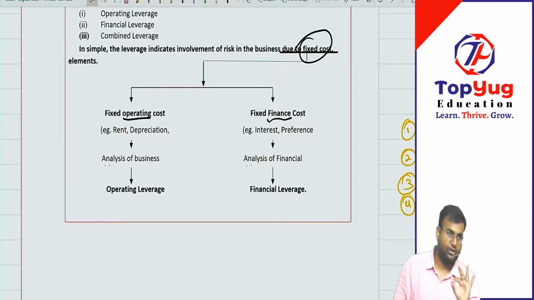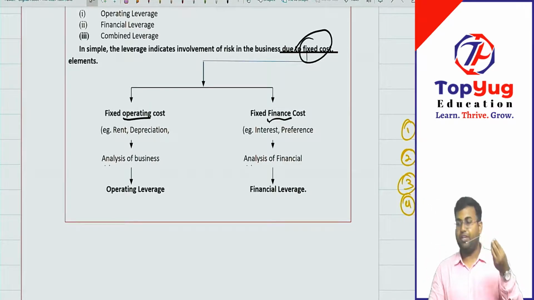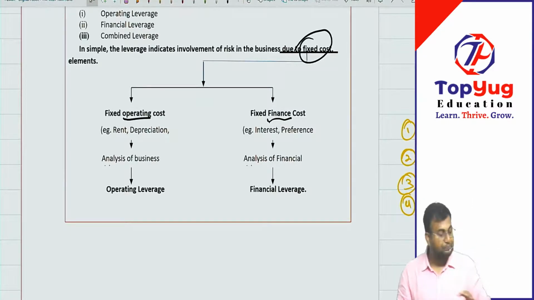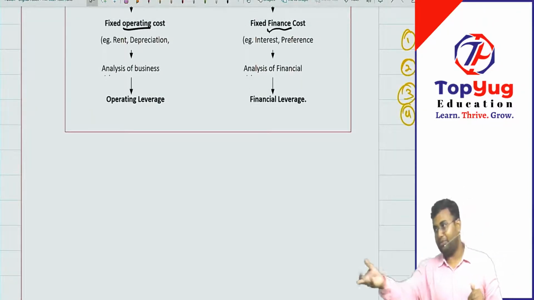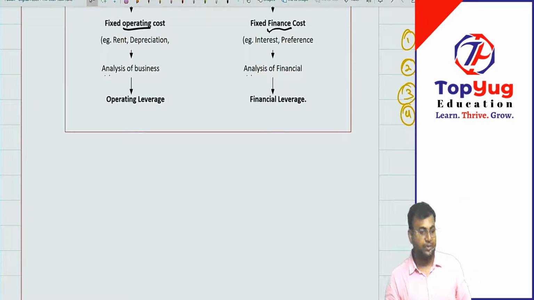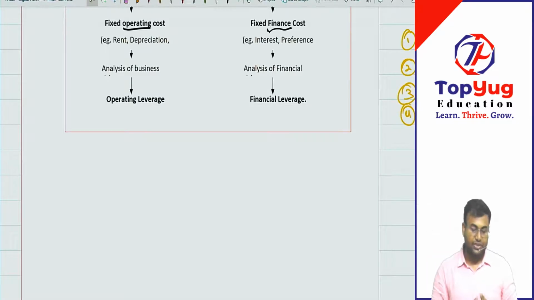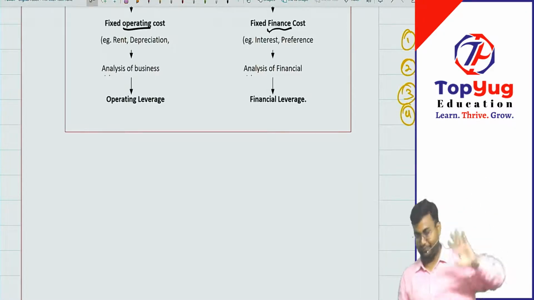There are many discussions which I tell you out of my own interest, so if you want, you can write them down. Rent and depreciation are your operating expense. Then fixed finance cost, that is interest and preference dividend. When you discuss operating, it is operating leverage, and when you discuss finance, it is financial leverage. So 50% of the chapter is over.